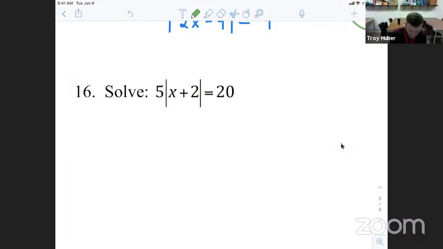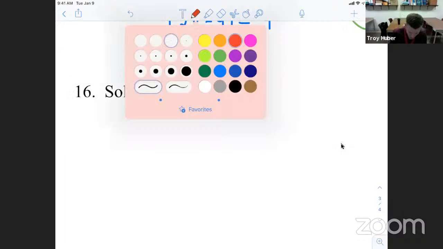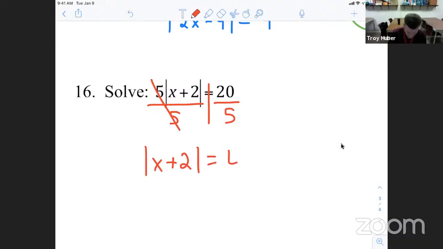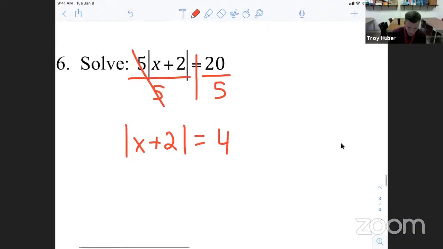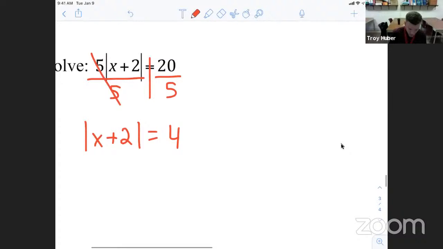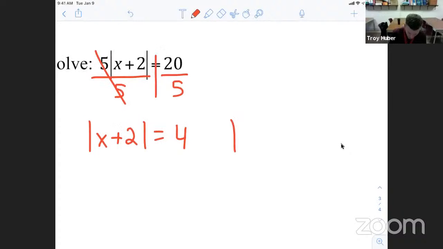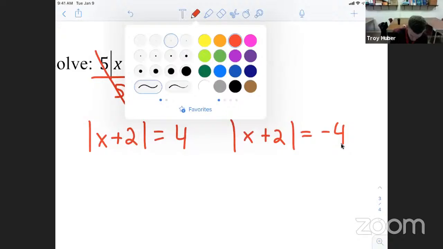All right, if we look at number 16, exact same way. First, I'm going to get rid of that multiplied by 5 by dividing each side by 5 so that I get the absolute value of x plus 2 is equal to 4. All right, now remember we have 2 solutions. So it could be positive 4, but it could also be x plus 2 is equal to negative 4. So now let's just solve both of these.